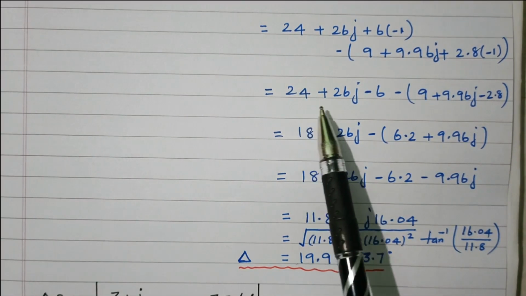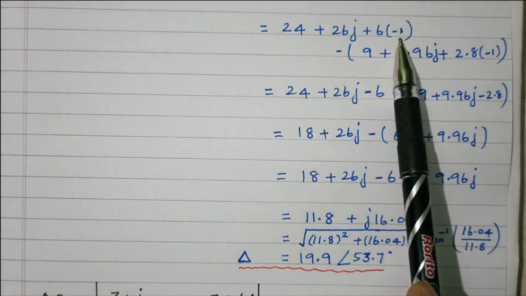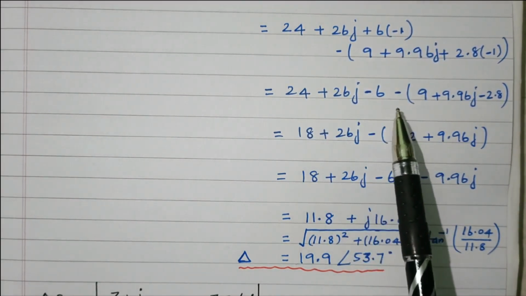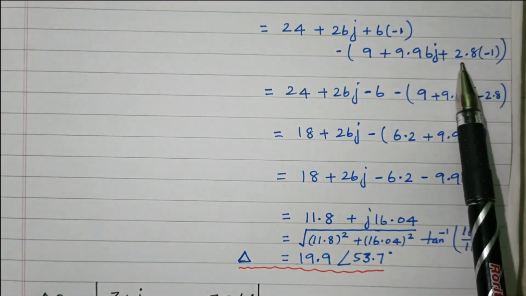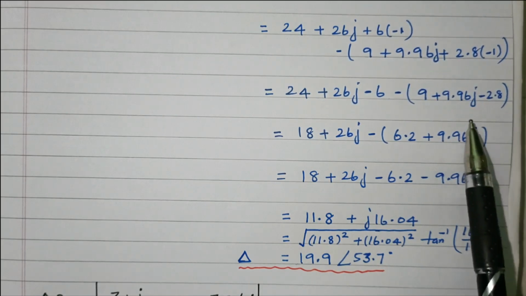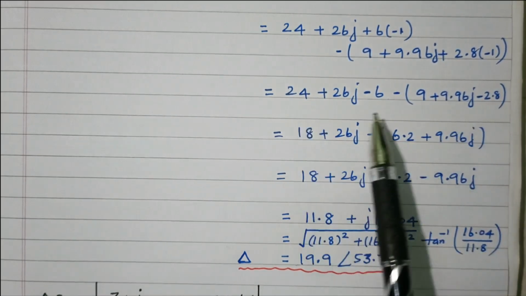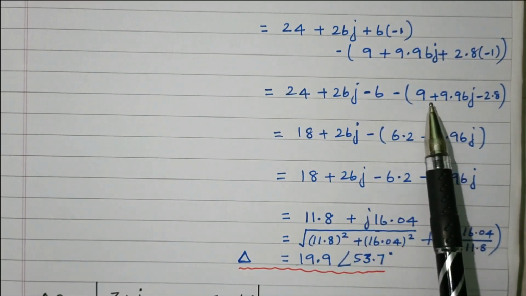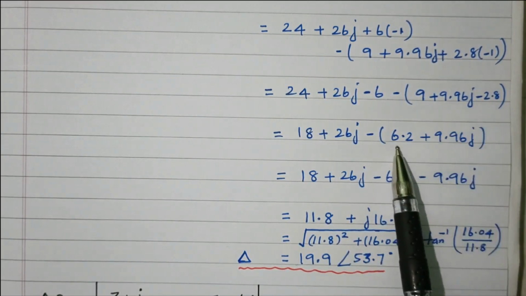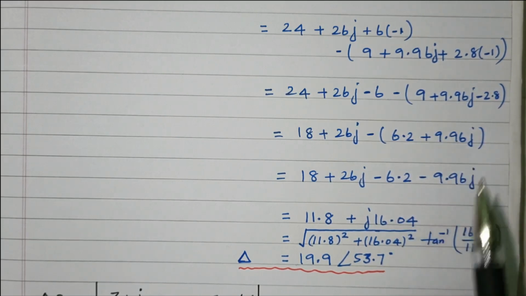So 24 plus 26j, 6 into minus 1 is minus 6. Minus of 9 plus 9.96j. So here minus 2.8. We go further. So 24 minus 6 is 18 plus 26j, minus of 9 minus 2.8 is 6.2 plus 9.96j.